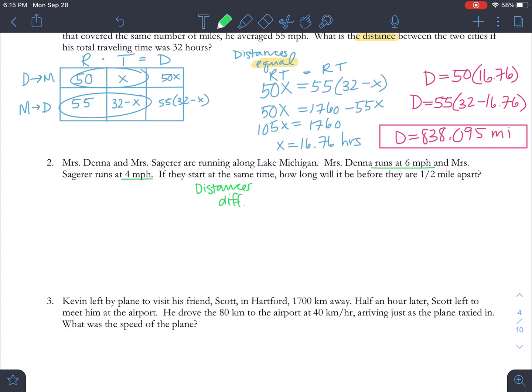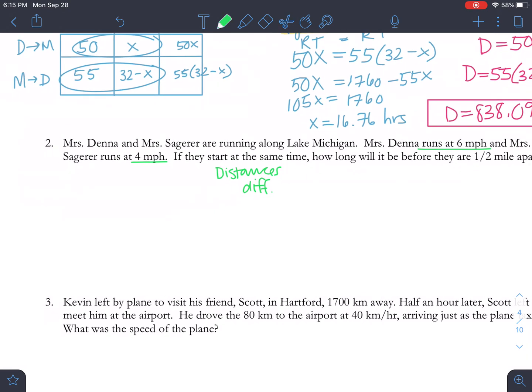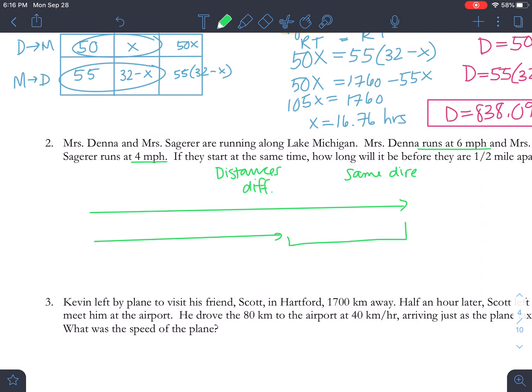Well, if I was running in the same direction with you and I was running really fast, I'm obviously faster than you, and you were running right behind me, okay, and maybe you ended up here, how are we going to find the distance apart? We're going to end up subtracting, okay? So if we're going the same direction, important note here, if you're traveling the same direction, you're going to subtract the distances.